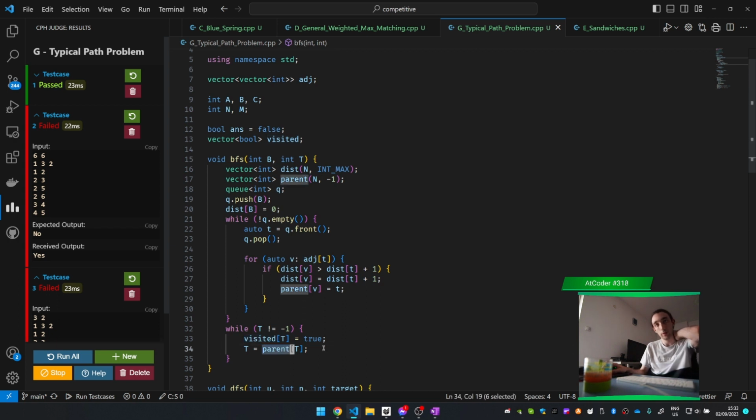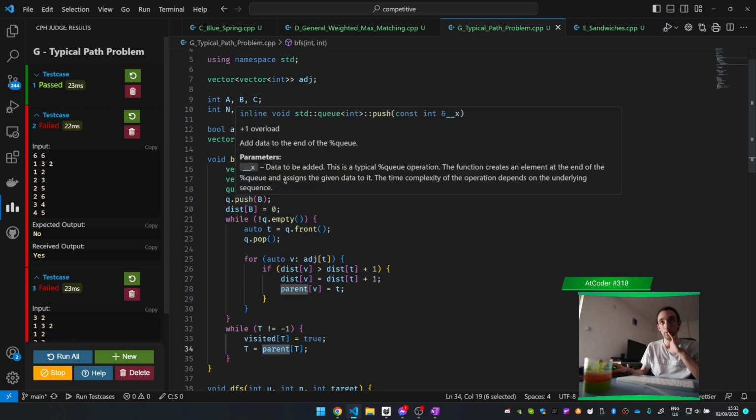T is equal to parent of D, well D is -1, and the distance parent distance is bigger than distance of B.